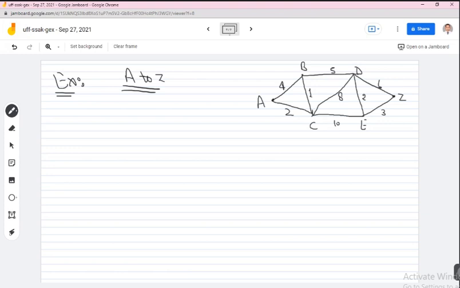Least length means the total weight of the path is least. So for this, what will you do? We will make a table from which we will find the path.